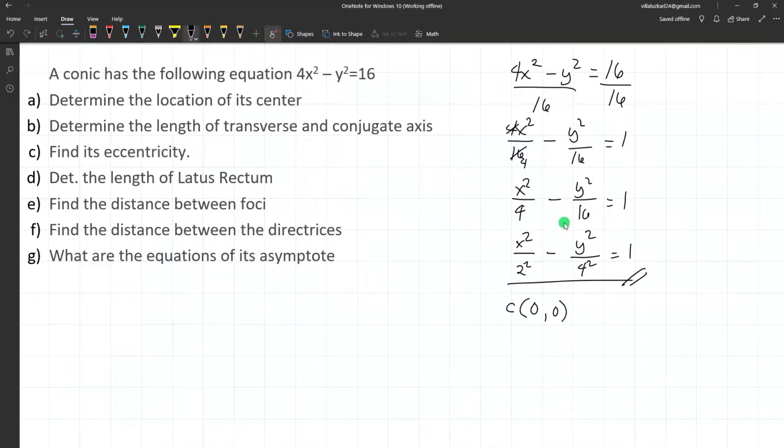So what's next is to determine the length of the transverse and conjugate axis. The transverse axis is 2a and the conjugate axis is 2b.